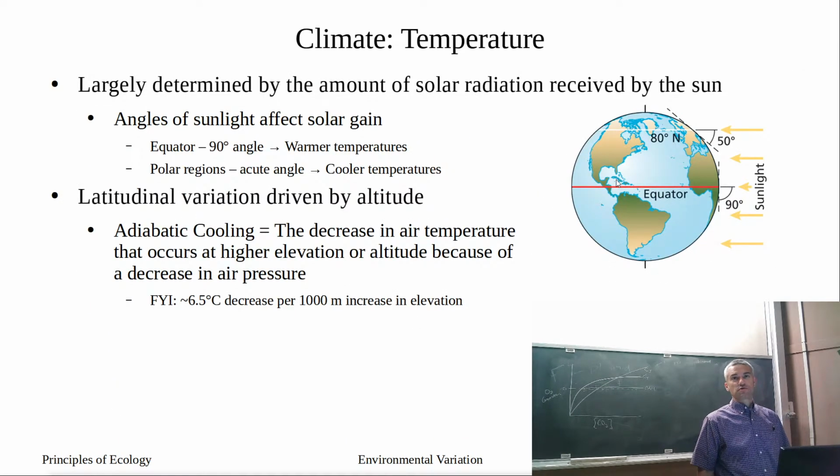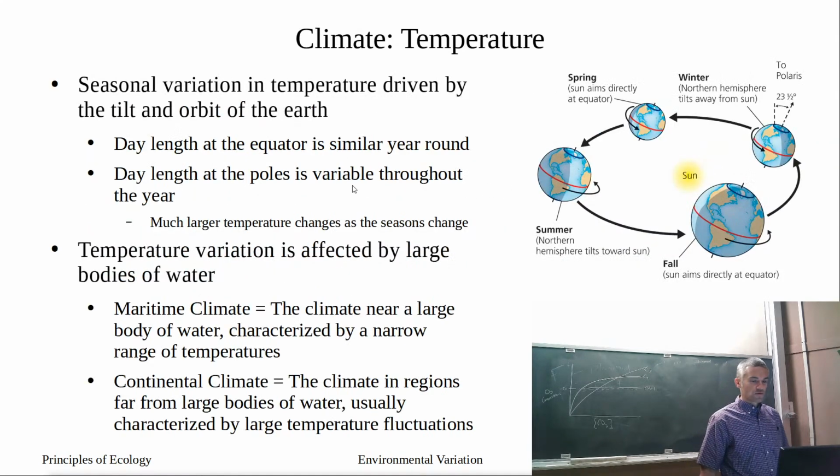Now that's just a general trend. We also see variation seasonally. And seasonally it also changes because of the amount of solar radiation that we receive. That amount of solar radiation is affected by our tilt and the orbit of the Earth.